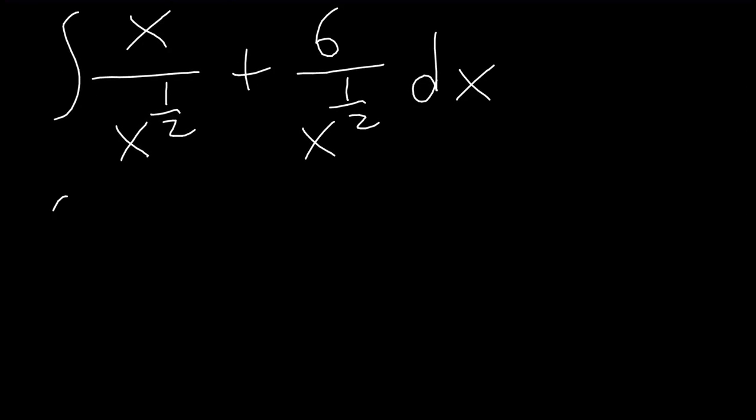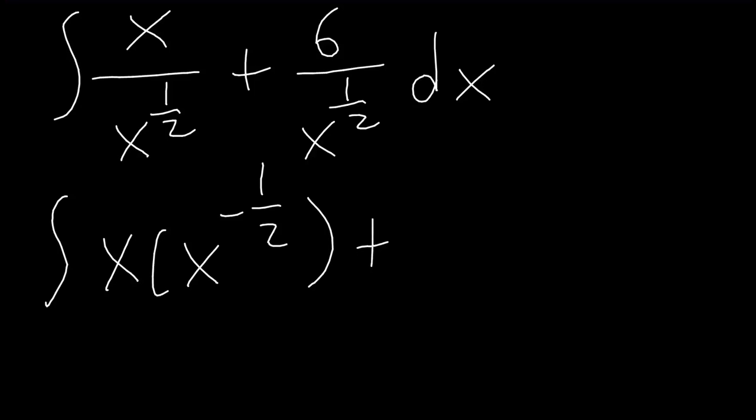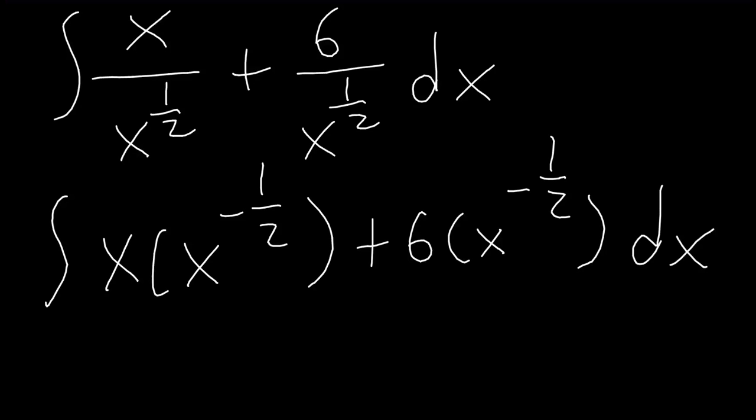Okay, so we can rewrite this again as x times x to the negative a half plus 6 times x to the negative a half dx. So this is really x to the 1.